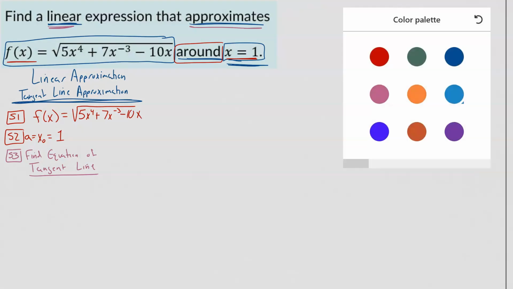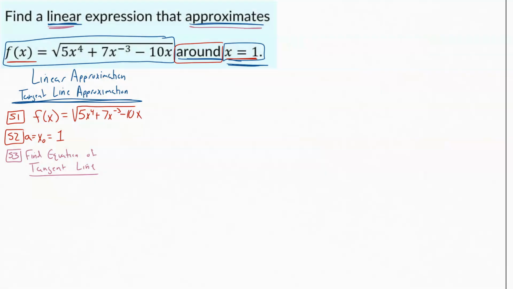So step one of the process for finding the equation of a tangent line is we need to find the point on the graph, the tangent point. Well, they give us this x value here, and we just need to use the equation they've given us to find the y value that goes with it. So we want to know, what does f of 1 equal?